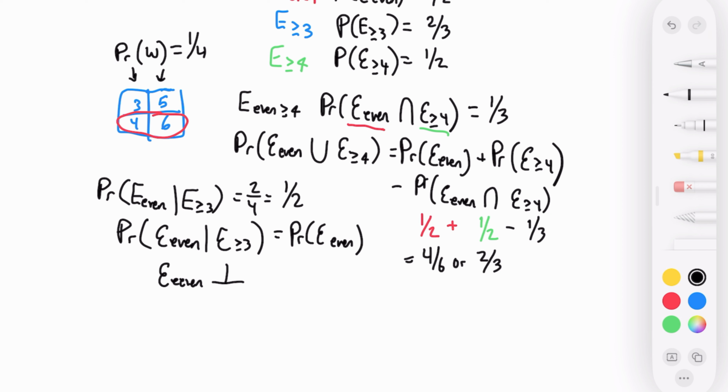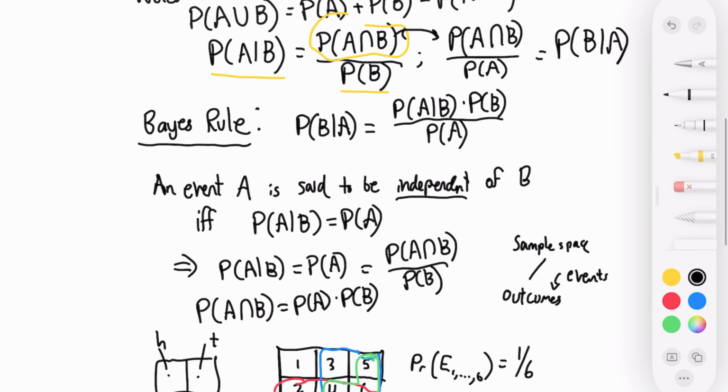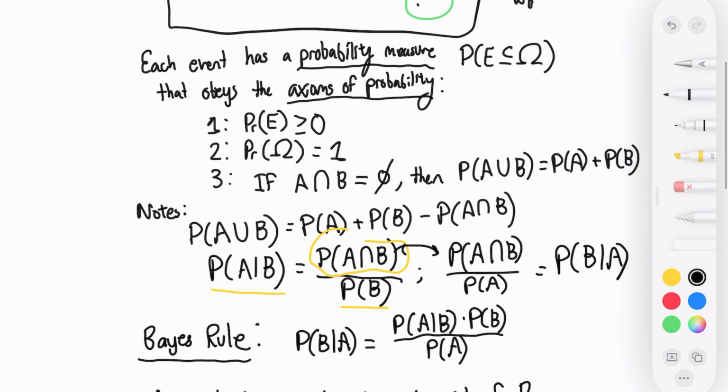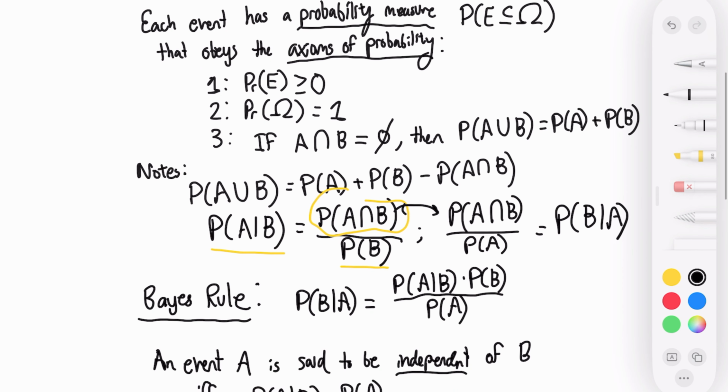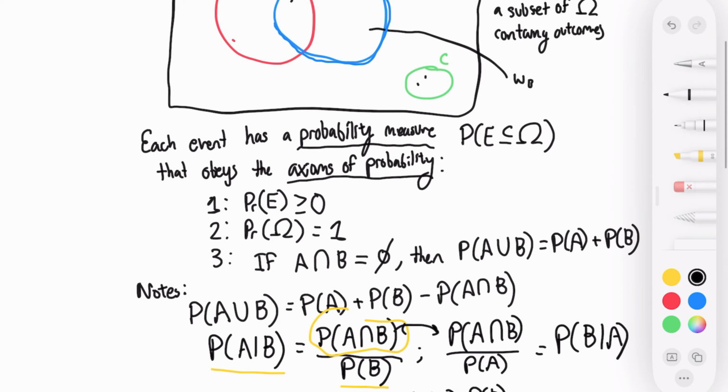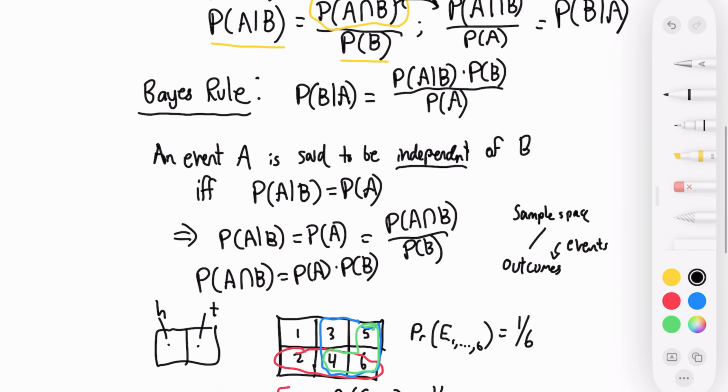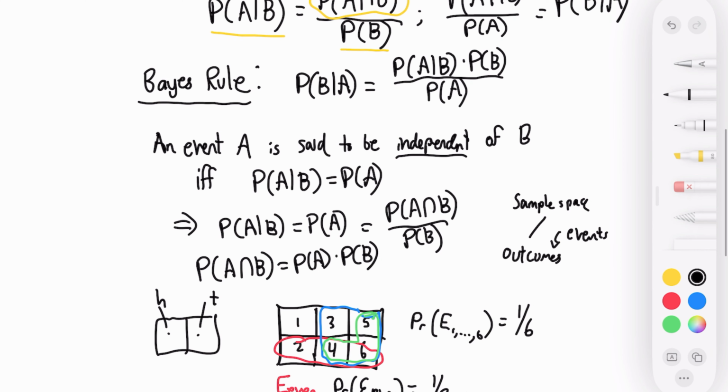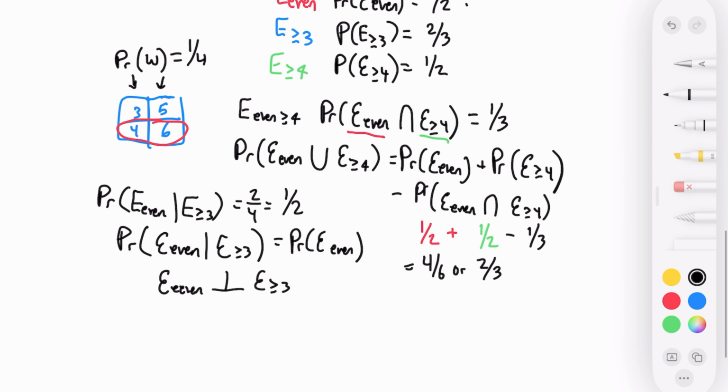But right now, basically we can say that the event even is independent of the event of rolling a number greater than or equal to 3. Once again, this is because we've used this particular definition of independence.